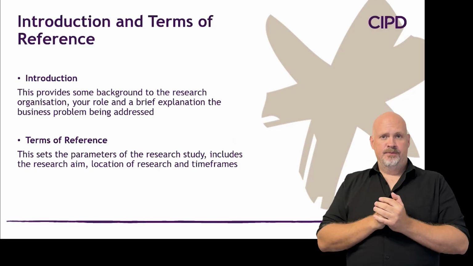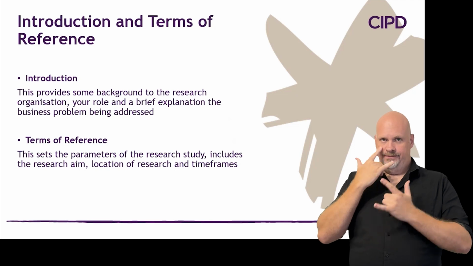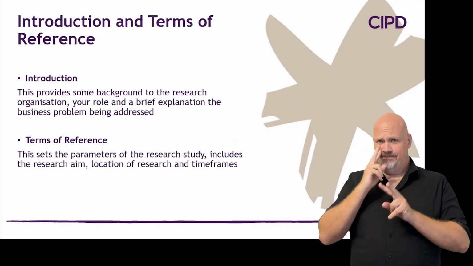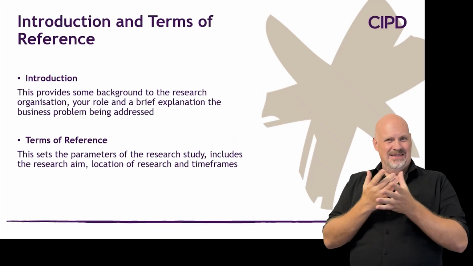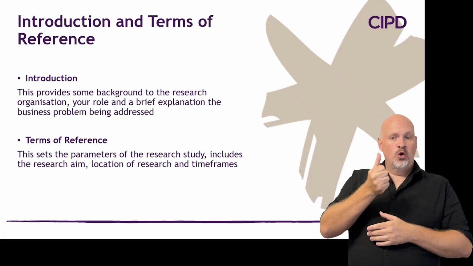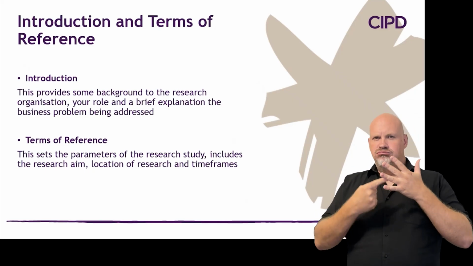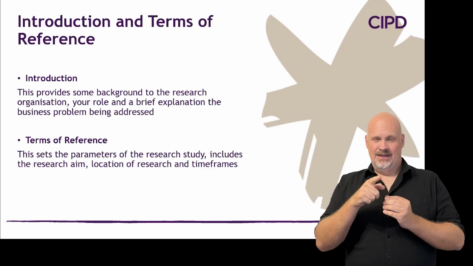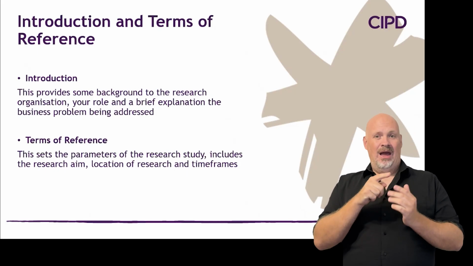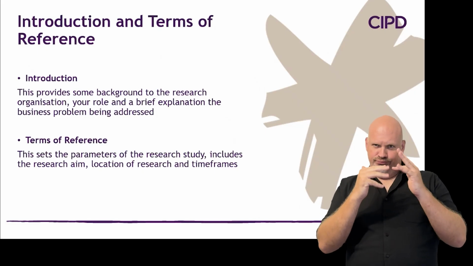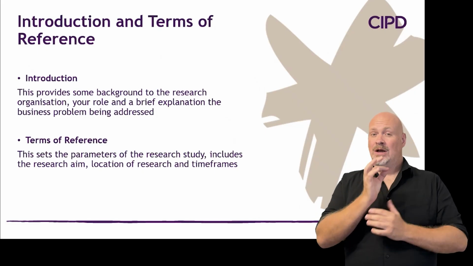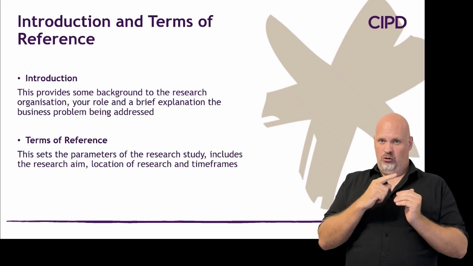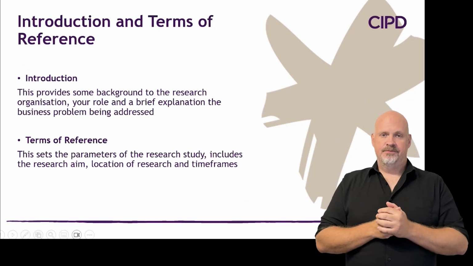You might be looking at developing an internal talent pipeline, for example, because attraction of talent is difficult. You might look at how to develop a more compelling reward strategy within the organisation, so it's more attractive to future recruits. As I said, it's endless in terms of what you might consider. Those are just some examples of what the business problem might be.